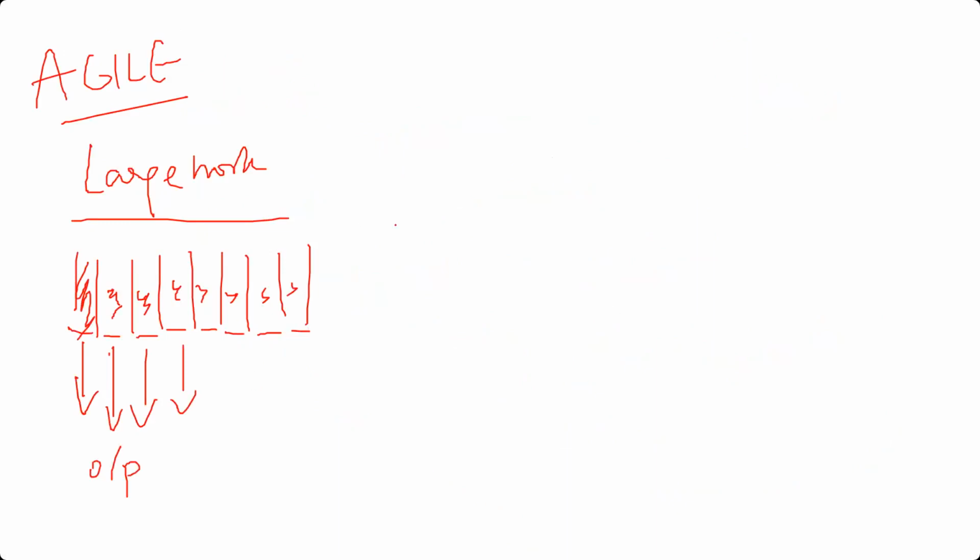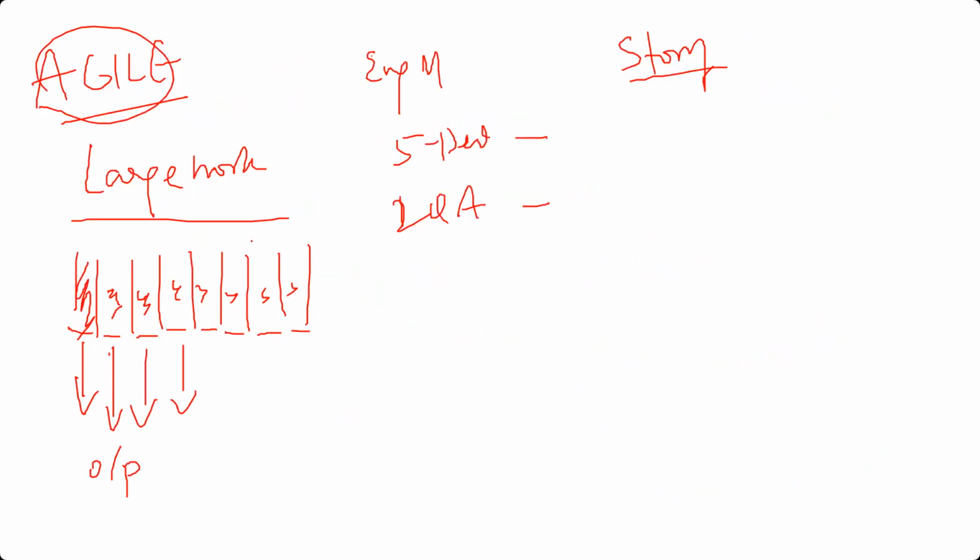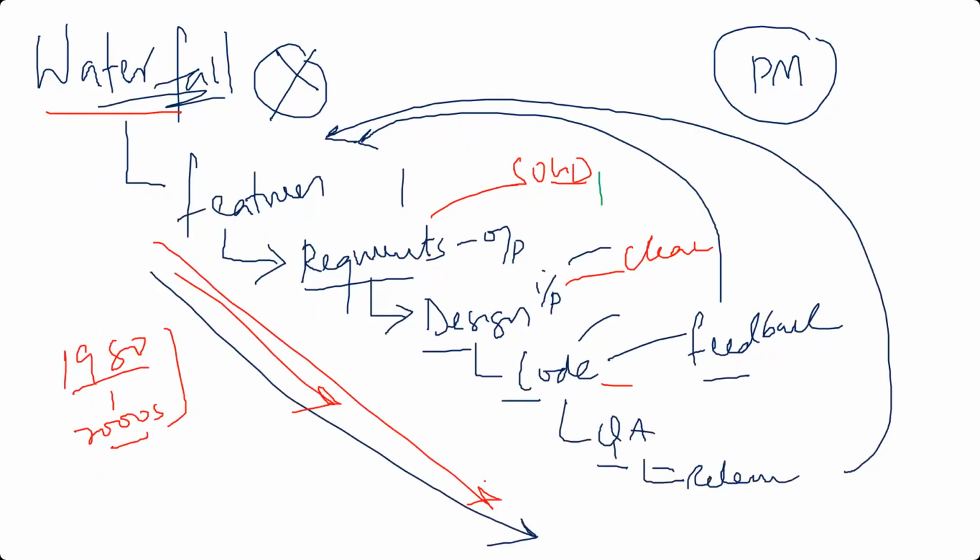How? Imagine you have a team with an engineering manager, 5 developers, and 2 QA team members, and you have to eventually work on a story, like a login page. What Agile tells you is, don't follow this entire process in a step-by-step fashion, but repeat this entire process in a short duration.